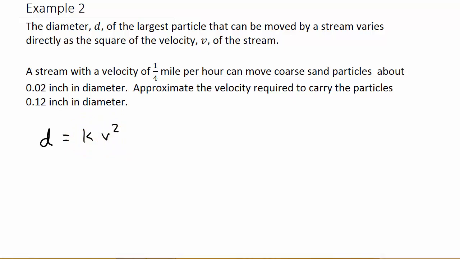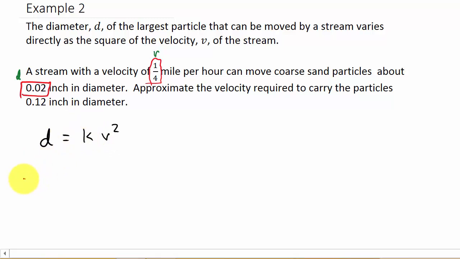Now they're giving us information: a stream with a velocity of 1/4 mile per hour can move coarse sand particles about 0.02. So this is our V, and this is D, the 0.02. They're giving us this information to plug in so we can find K.